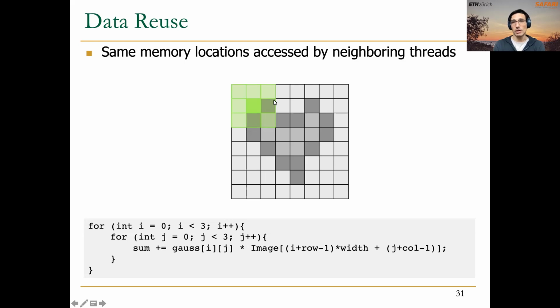And let's say the window that this thread needs to access is this window here. If you compare both windows, they are sharing some locations, right? So these 6 pixels here are going to be accessed by both the thread computing this output pixel and the thread computing this output pixel. So there is a lot of data reuse here.